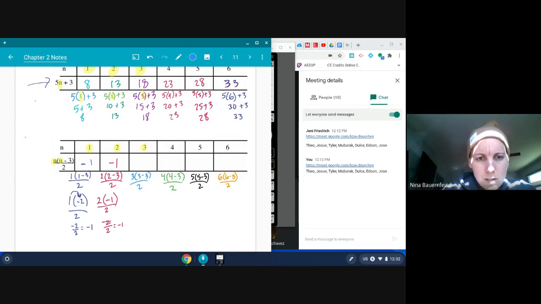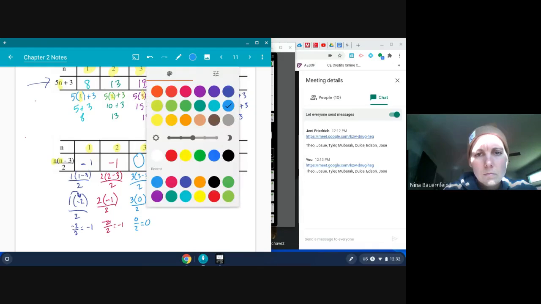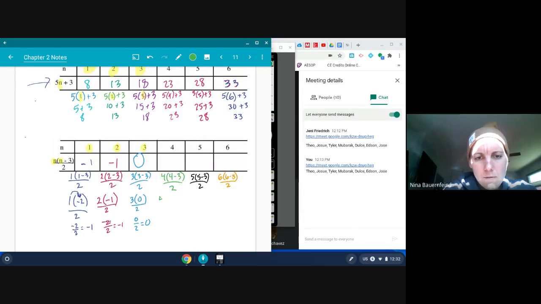Then if we do the blue one, 3 times, what is 3 take away 3? 0. Yep. Divided by 2, that's 0 divided by 2, which is 0. Okay, next one, 4 times, what is 4 take away 3? 1. Yup. Divided by 2. So then we get 4 times 1 is 4 divided by 2. 4 divided by 2 is 2.